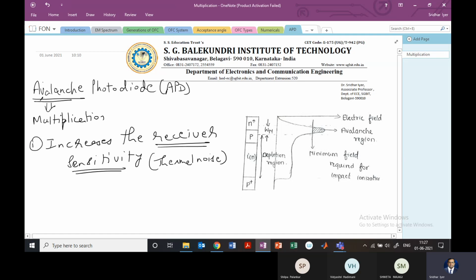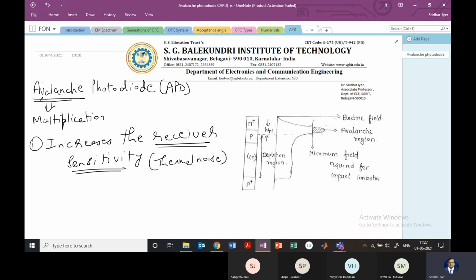This is the kind of noise which is generated due to change in temperature, and it affects the device, right? So we're going to talk about this noise in the topic of photodetector noise. But with the avalanche or the multiplication of the carriers, this receiver sensitivity will increase, and immunity of the system to noise also increases, right?